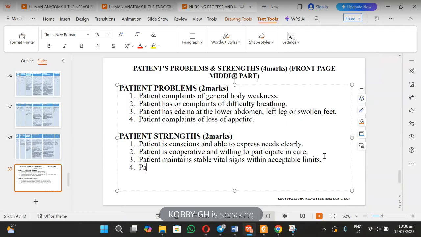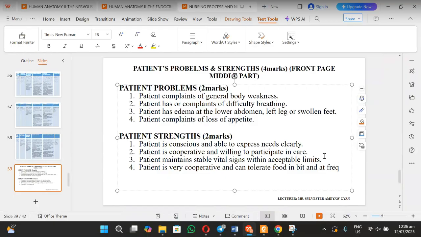You can do patient is very cooperative and can tolerate foods in bits and can eat foods in bits and at frequent intervals.